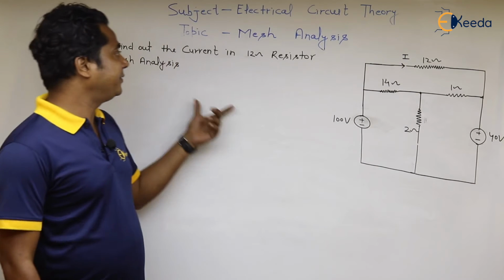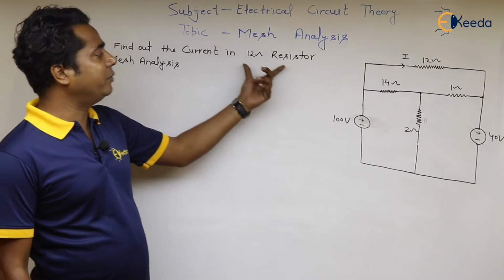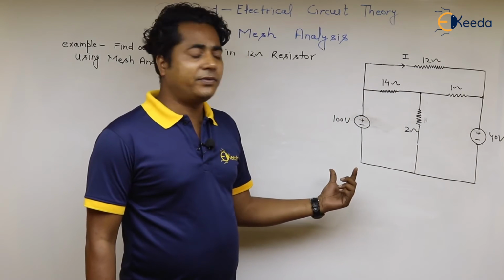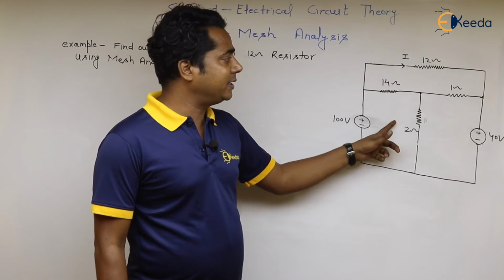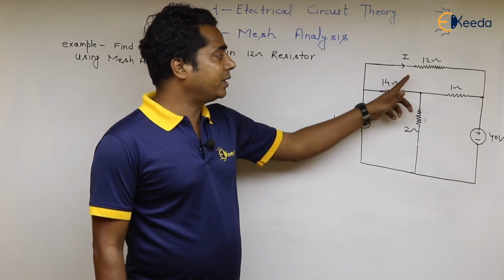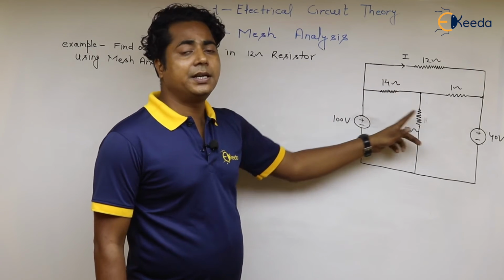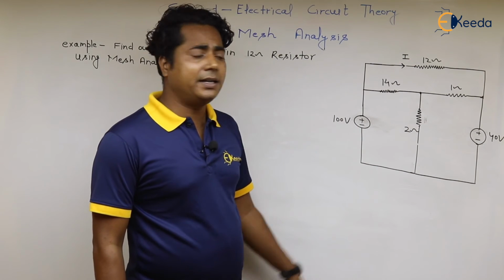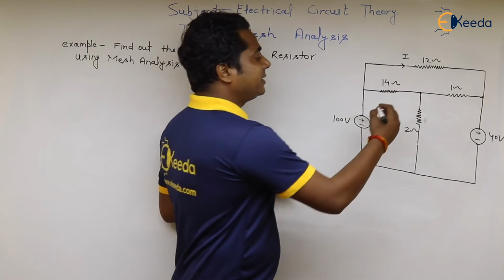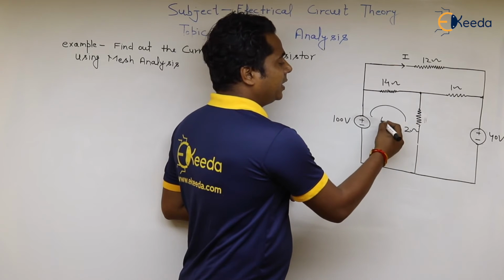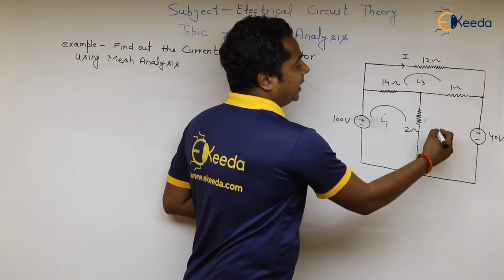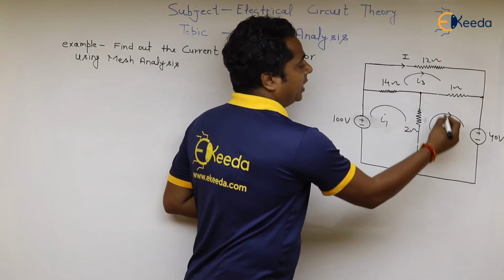Step number 1 is to find out the total number of meshes in the given circuit. So here the total number of meshes is 3, and next we will assign the current direction in each mesh. I am assigning here: this is your I1, this is your I3, and this is your I2.